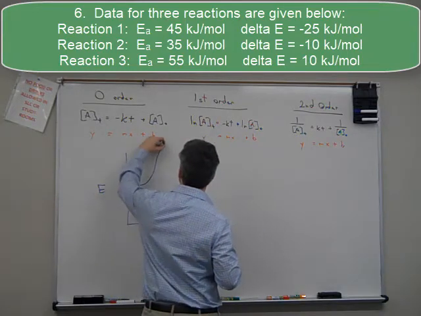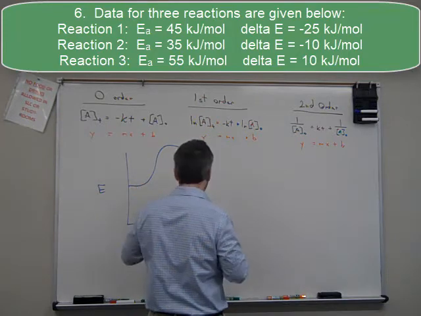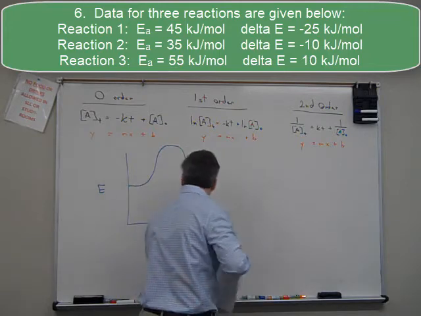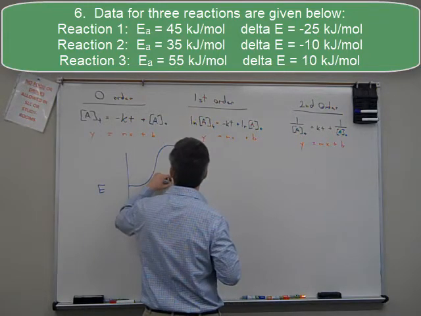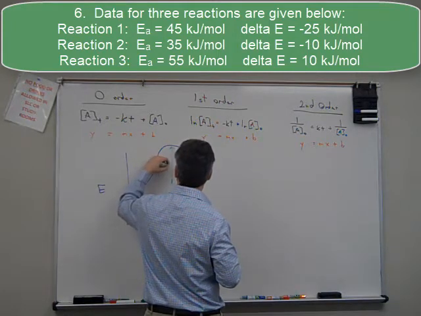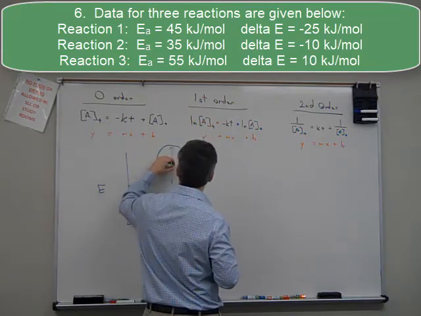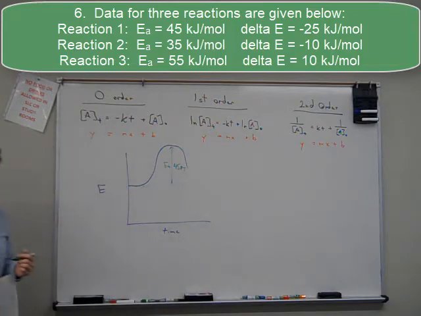So I'm going to have to drive this up a bit, right? So the distance I know between my initial starting point and my highest, this is going to be about 45 kilojoules per mole. Right?